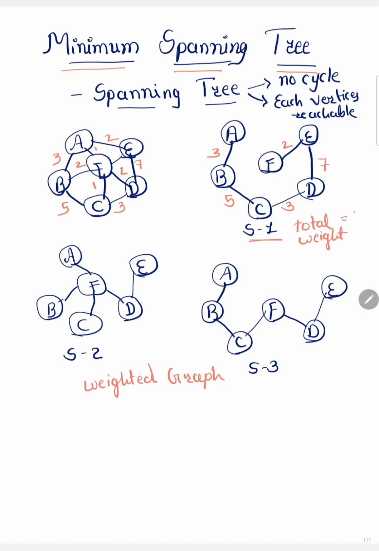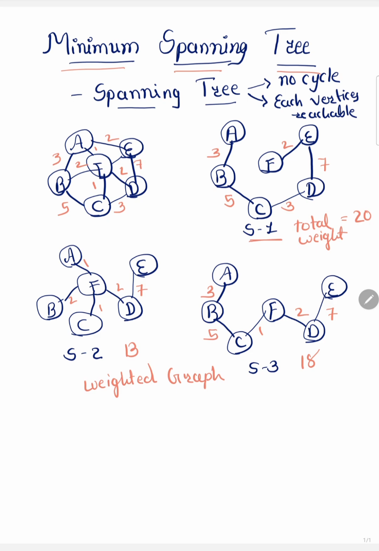So for this the total weight is 20, right? Similarly I need to count for this. So this is 1, 2, 1, 2 and 7, right? So this is 13. For this it's 3, 5, this one is 1, this one is 2, and this one is 7, and this would be 18, right?